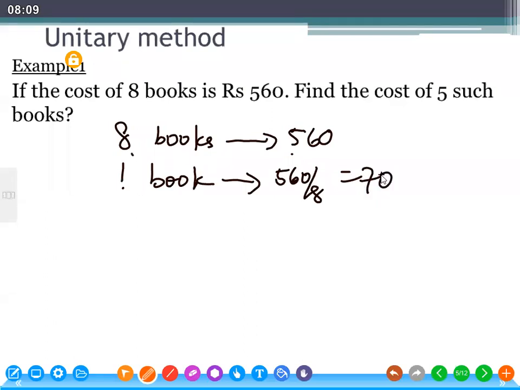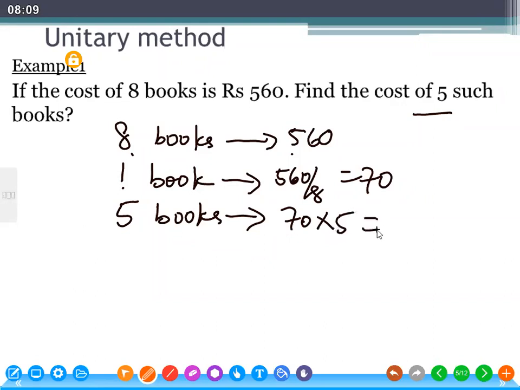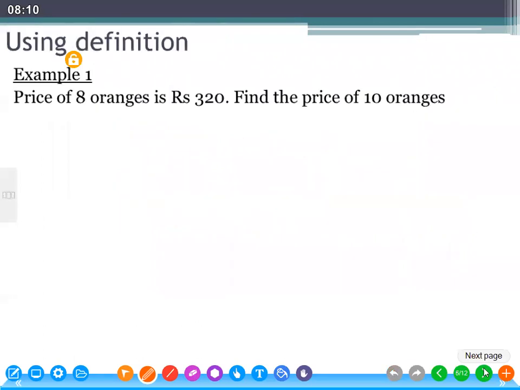The question is to find the value for 5. So 1 book is 70 rupees, for 5 books you have to multiply by 5. 70 into 5 is equal to 350. Therefore the price of the 5 books is 350 rupees. So this example helps you to understand how to solve direct proportion problems using the unitary method.